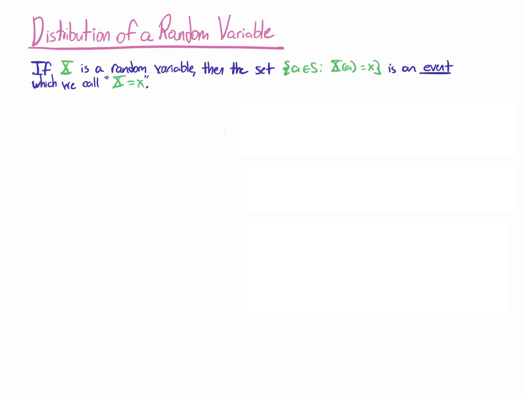The first thing we're going to notice is that if I have a random variable X, something that I can measure, then in my sample space S, I can look at all of the a's with the property that X of a is equal to some specific little x. So what I mean here is I say, hey, I want to know which of my outcomes has a certain value of this measurement.